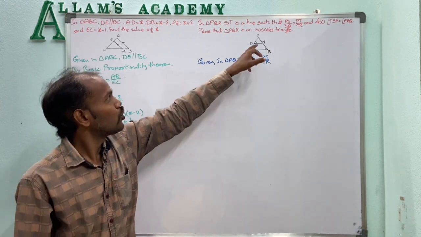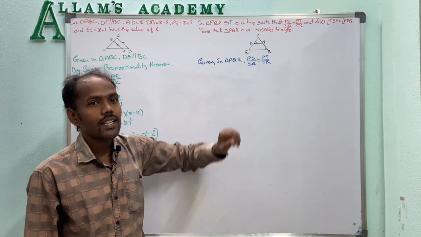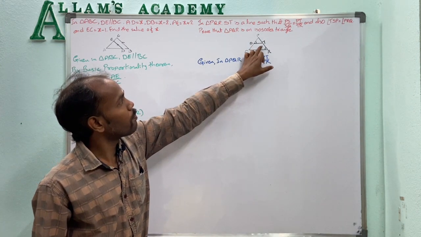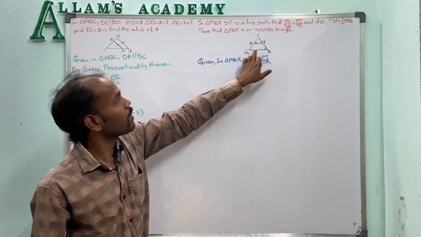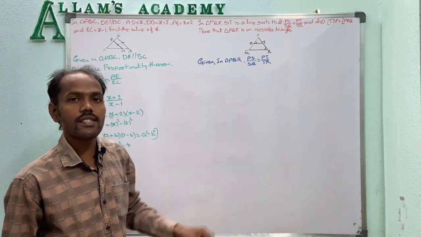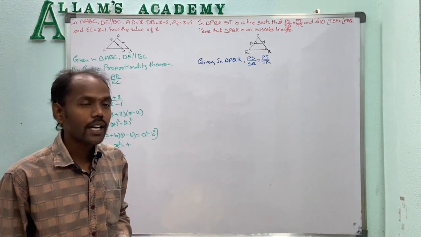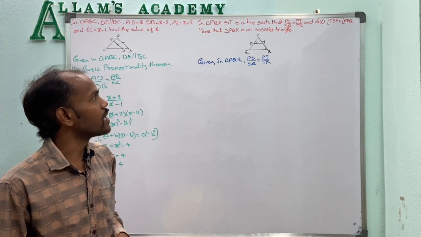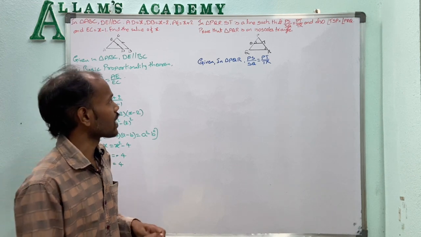Then the line segment joining those points and the remaining third side are parallel lines by the converse of basic proportionality theorem.